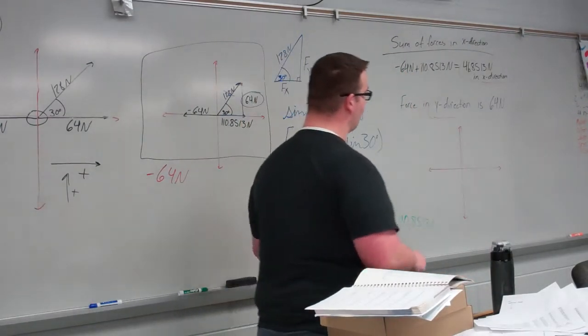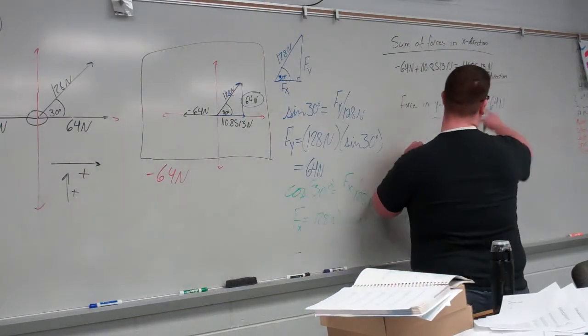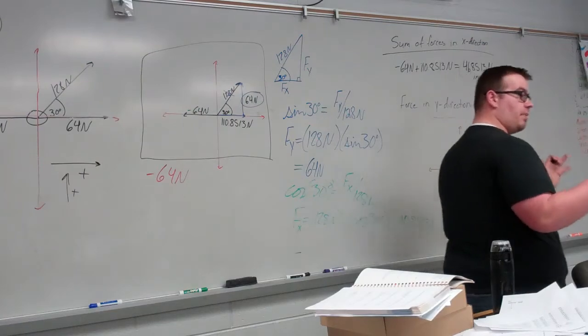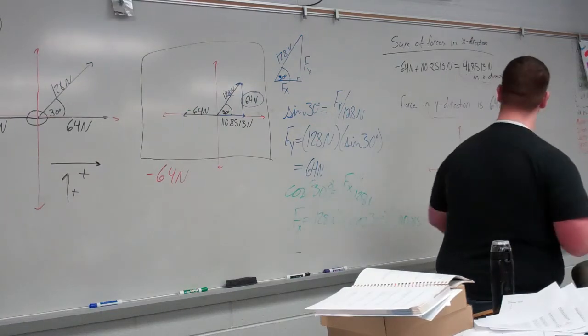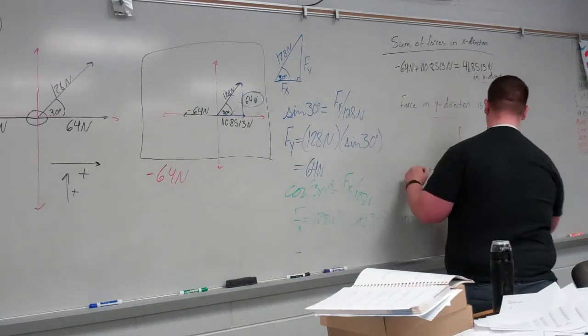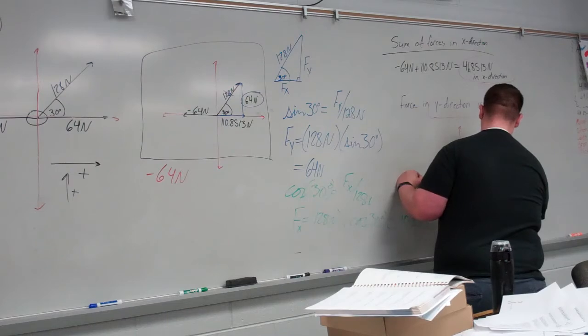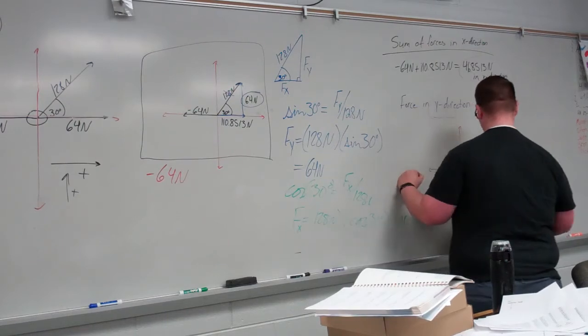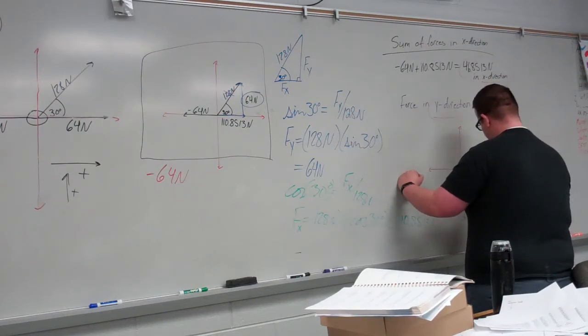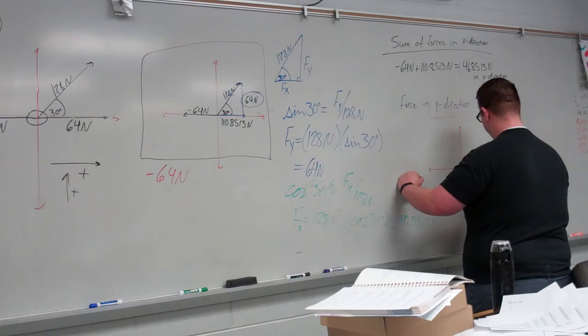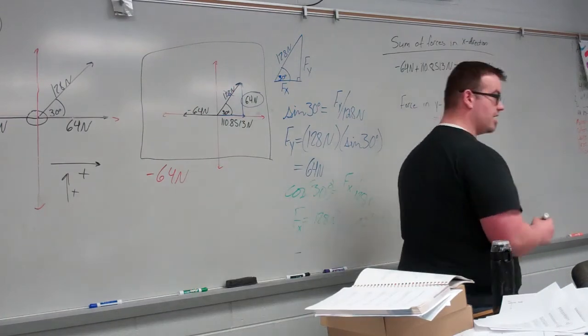Okay, so right now what do we have? Let's go in the x direction like what I taught with summing up these vectors. Let's start with the x direction, 46.8513 newtons. I'm going to use tip to tail.